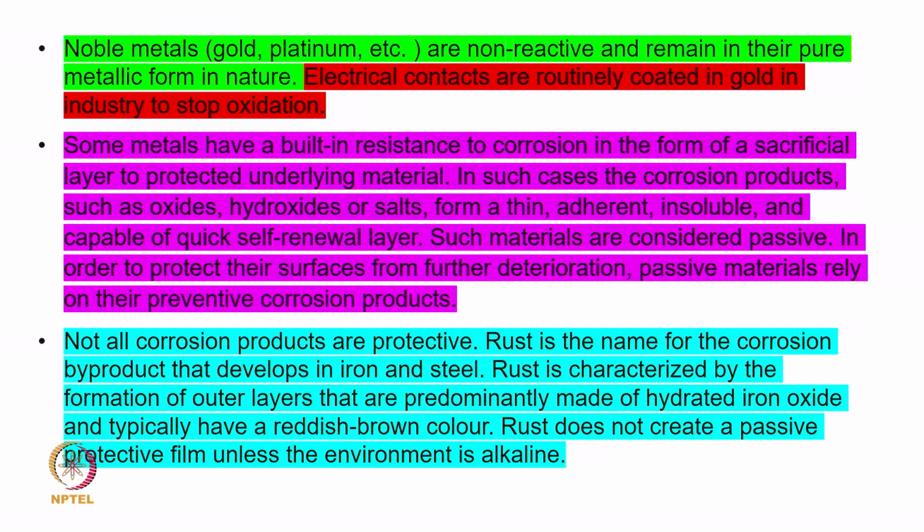I am using the word thin because it does not change the dimension significantly, which is the advantage. It remains adherent to the surface, that means it does not cause delamination easily. It is insoluble, so it does not get dissolved easily. On top of that, it has a quick self-renewing layer.